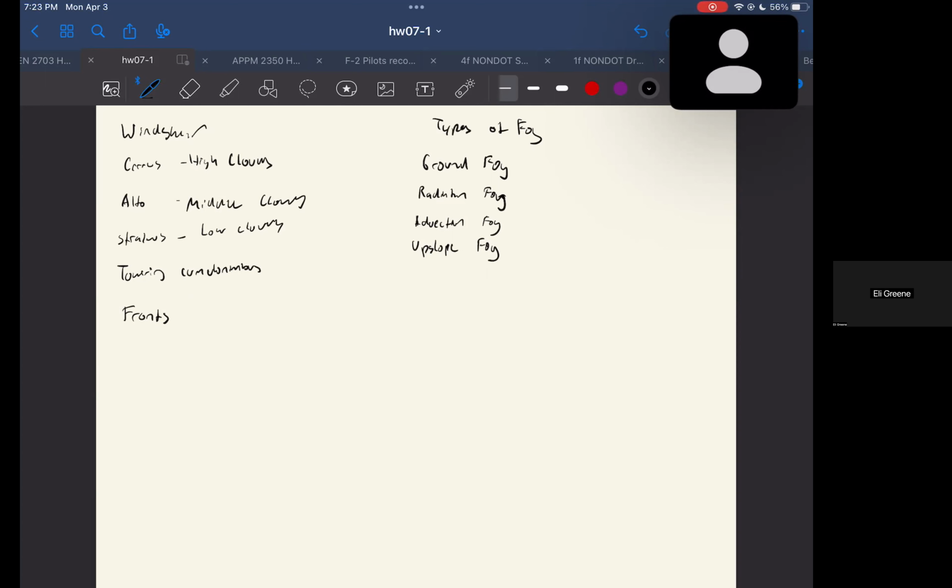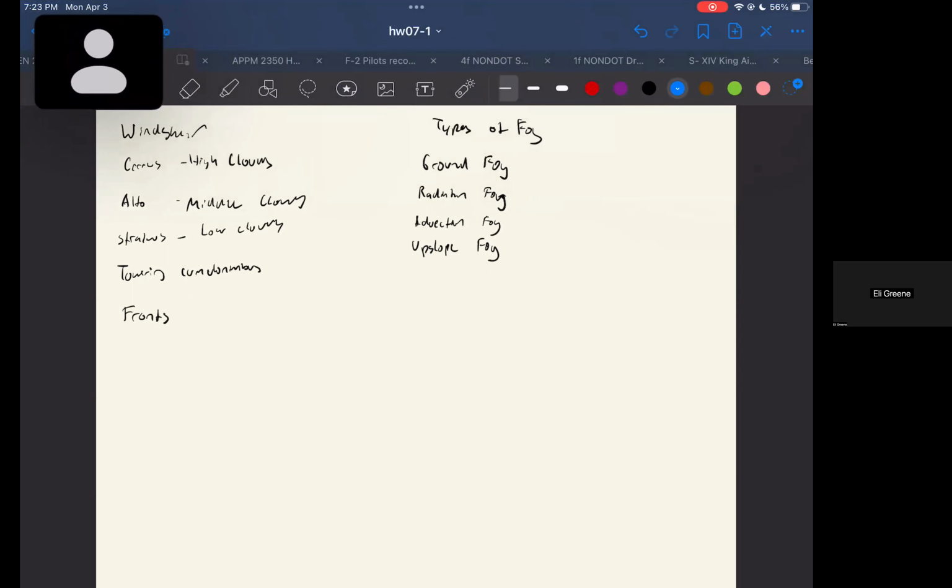Anyway, we're going to talk about frontal activity. You have a cold front. A cold front is where a cold air mass overtakes a warm air mass. And the cold air is more dense, so it'll slide under the warm air and push the warm air up. So you have cold air, and this cold air essentially will come and slide under warm air.